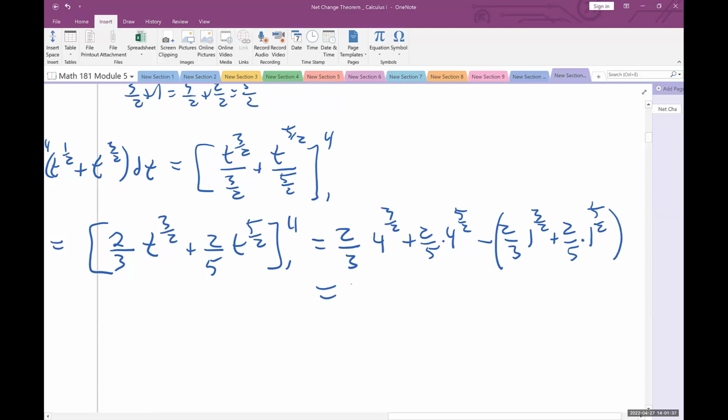Okay, so what is 4 to the 3/2? The square root of 4 is 2, but then 2 cubed is 8. So 2/3 times 8. And then here's a tougher one, 4 to the 5/2.